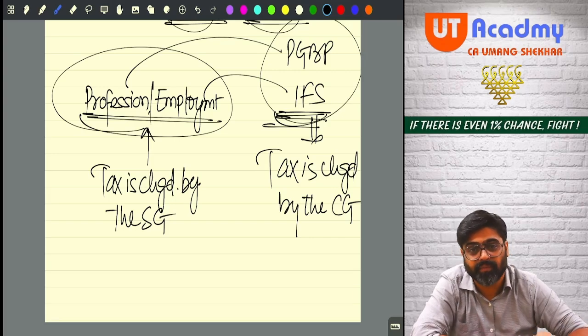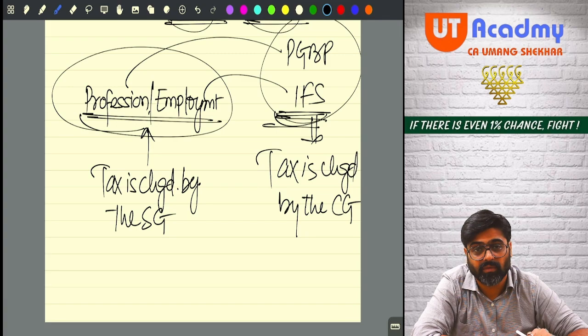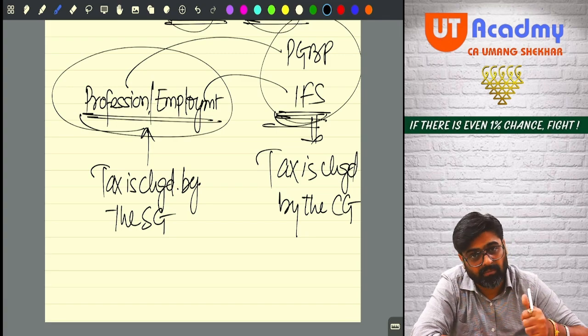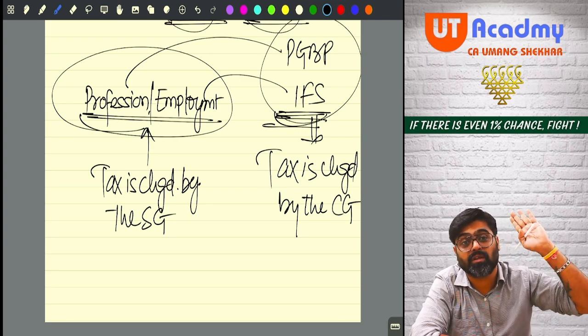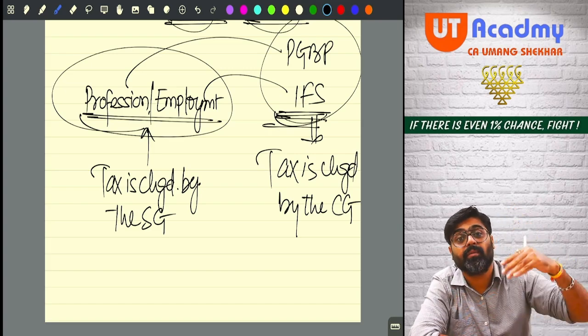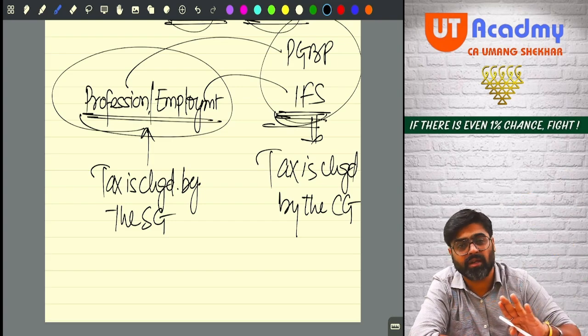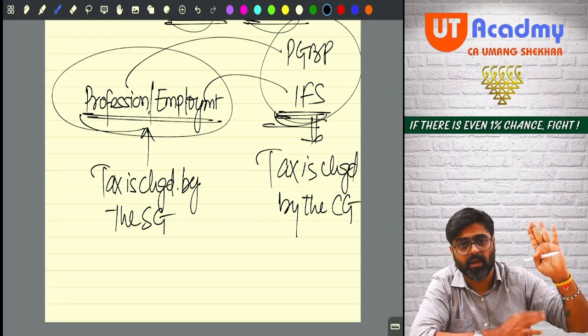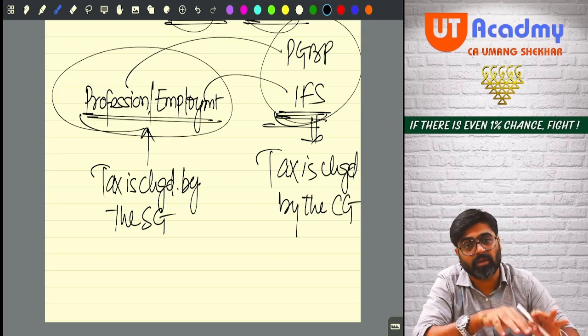Section 16 clause 3, professional tax. Paid in this year? Perfect. Don't see to which year the professional tax relates. It can be for an earlier year, it can be for this year, it can be for next year paid in advance in this year; it can be for any year. Whatever professional tax you have paid in this year will be allowed in this year.